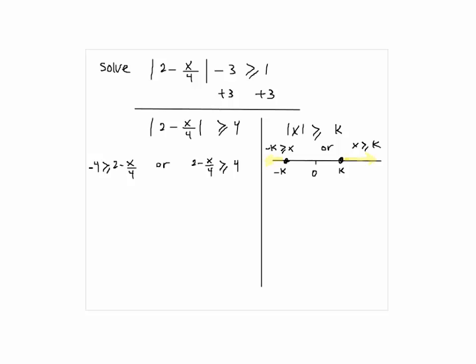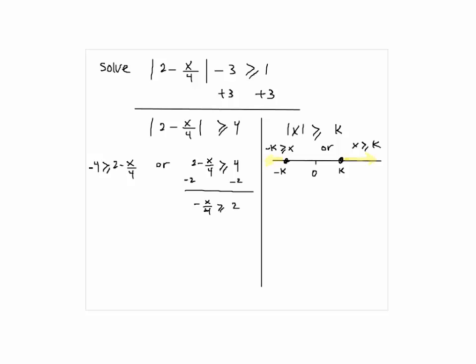You could multiply each term by 4. Right, but before we do that, can we just eliminate the 2? Would it be easier? Can I just subtract 2? So that would be negative x over 4. Now we can multiply both sides by negative 4.